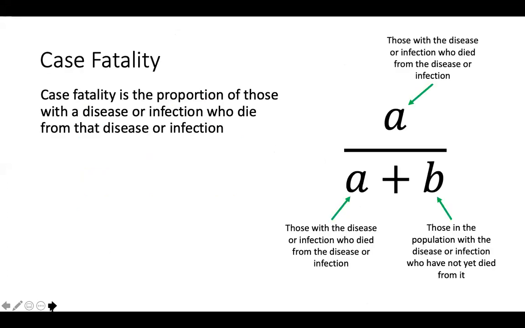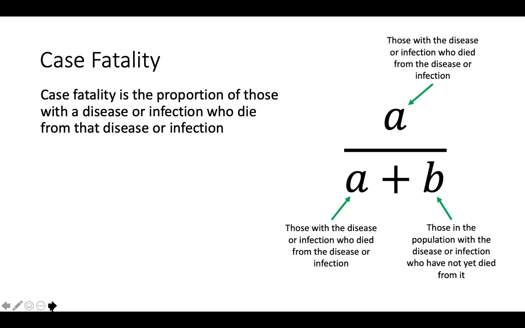The measure of disease severity that is the most severe outcome is mortality, or death. We use a term called case fatality to understand the proportion of those with a disease or infection who die from it. Of course, there are other severity measures, hospitalization or more or less severe symptoms, but let's just focus on case fatality for this session.